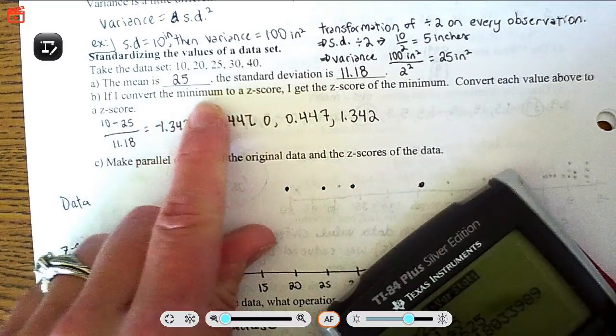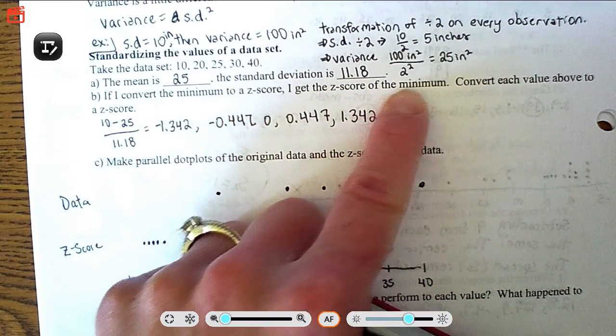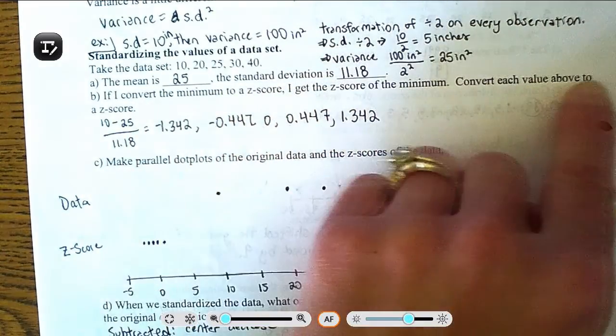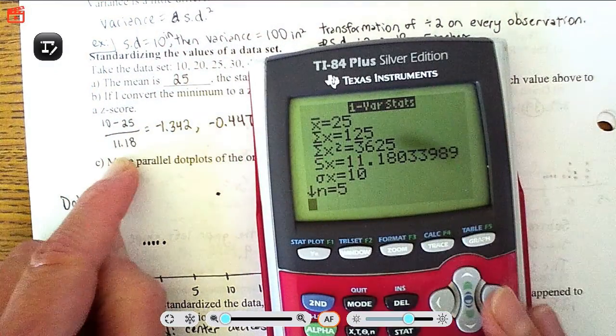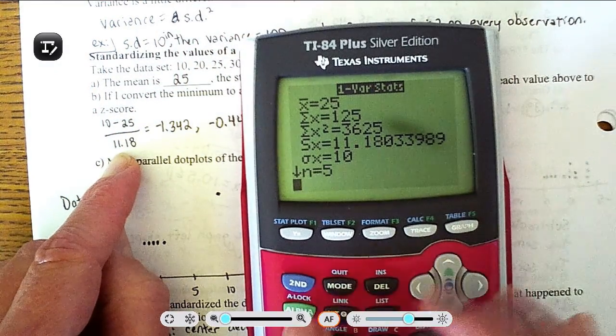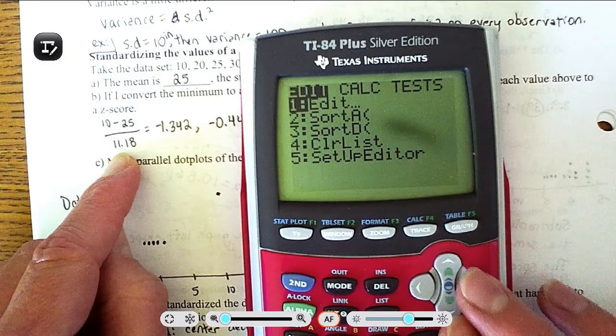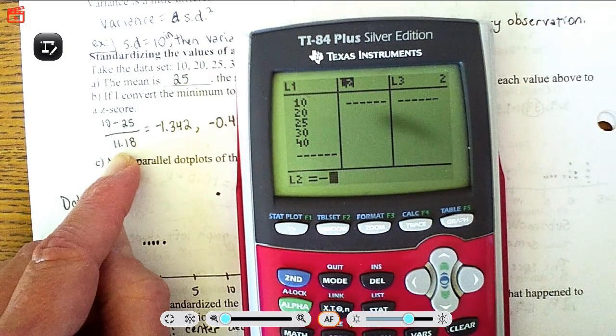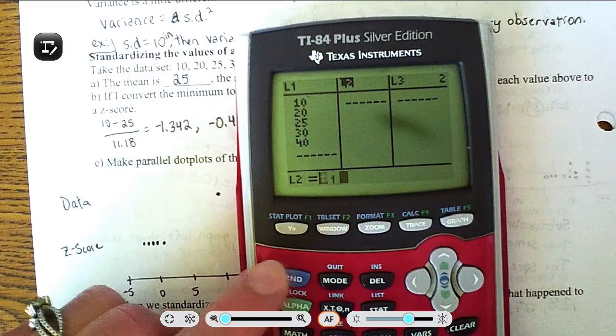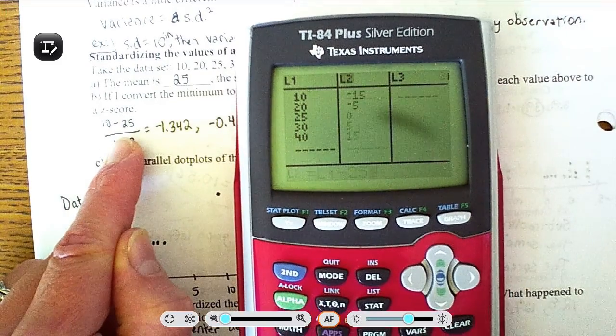If I convert the minimum to a z-score, I get the z-score of the minimum. Convert each value to a z-score. So I'm going to take 10, subtract 25 from it, and divide by the standard deviation. I can also do this in my lists. Stat, Edit, L2 is to take L1 and subtract 25 from it.